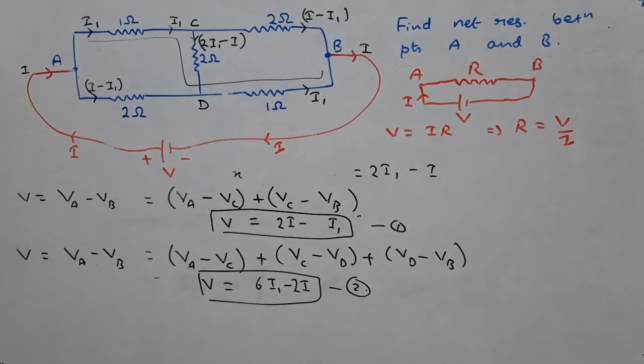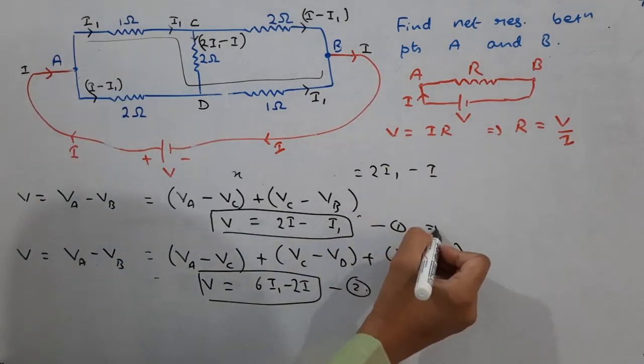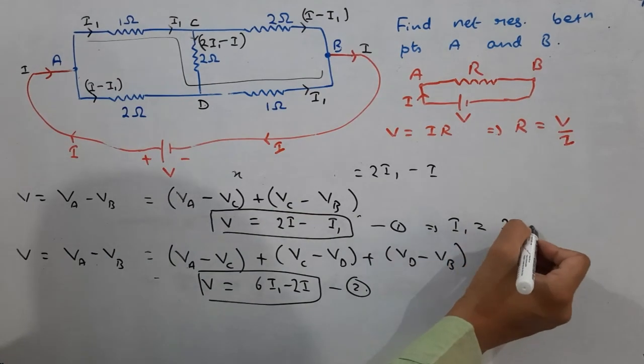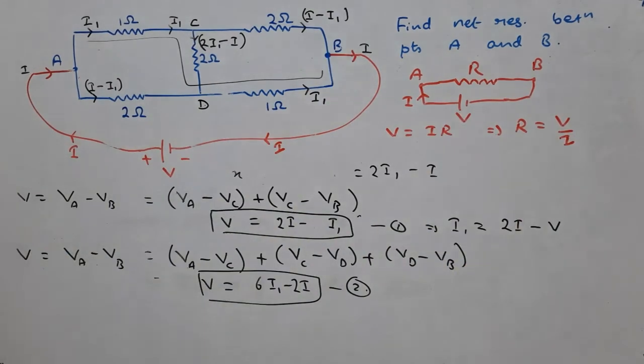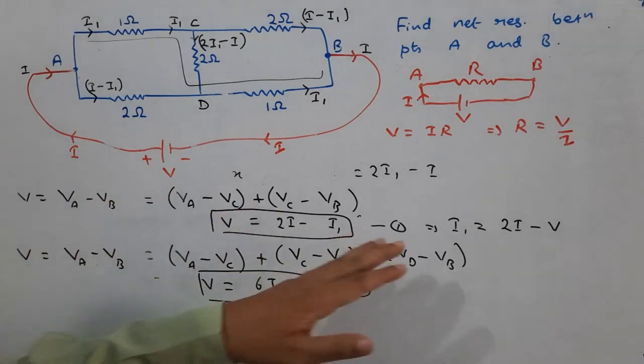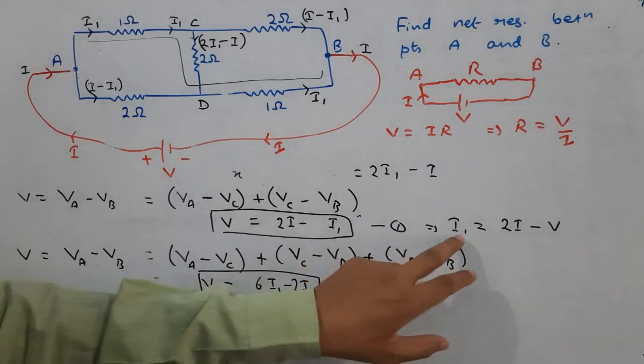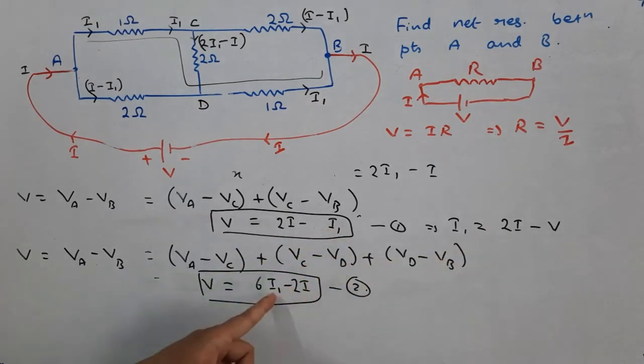So what we don't want? We don't want I1. So put the value of I1. From equation 1, what will be I1, students? I1 will be twice I minus V. You might not have learned how to solve such equations, but you will not find any problem. You find the value of I1. Now I1 you have got, put the value of I1 in this equation. So what will we get?